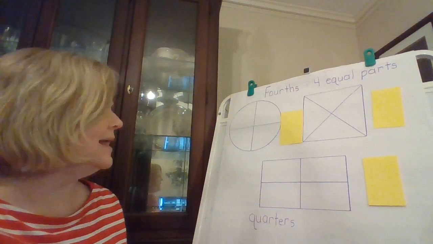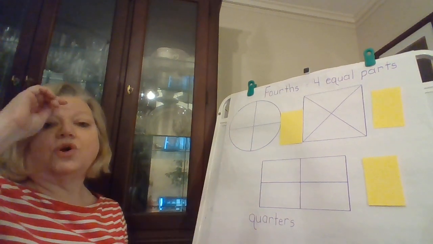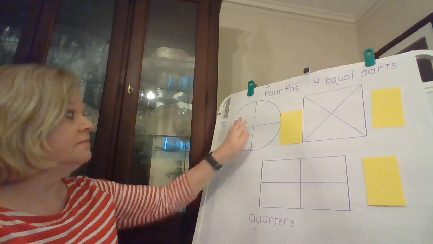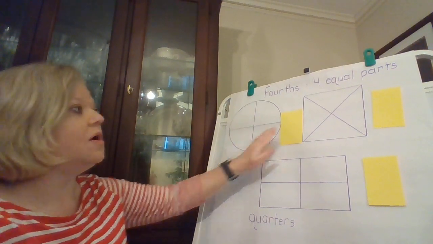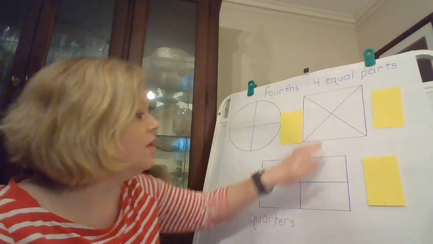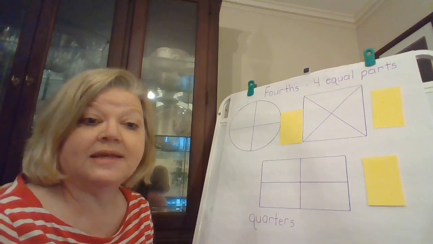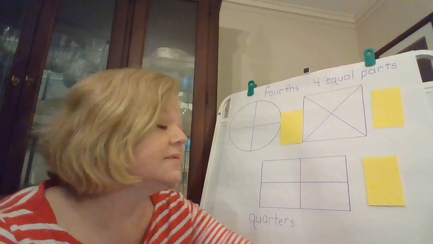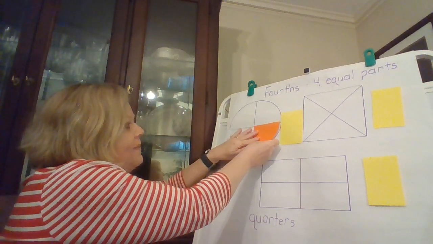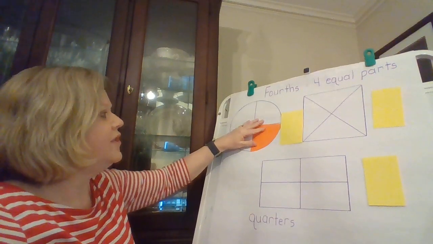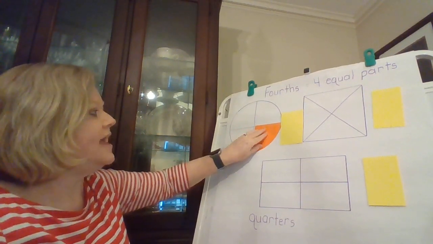Now, let's take a look at the quarters or the fourths on this chart. 1, 2, 3, 4, 1, 2, 3, 4, 1, 2, 3, 4. They are all divided into fourths. Look at what happens when I cover up one of those shapes.